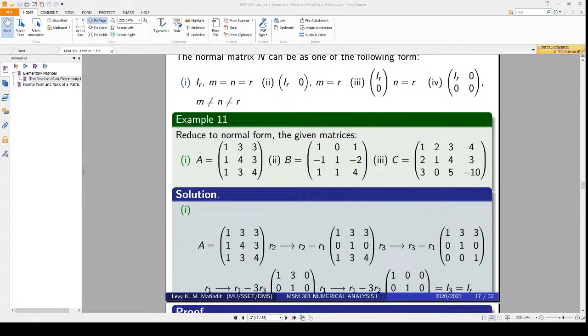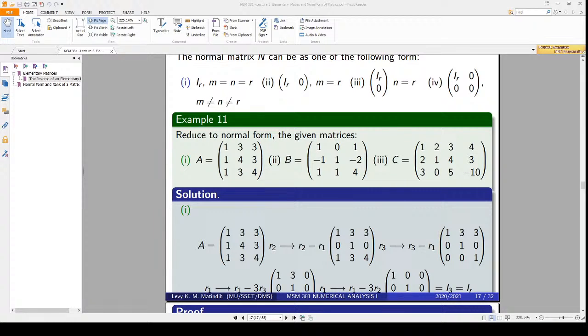Let's look at matrix A. I'll only do one example, which is for matrix A. They are saying, reduce to normal form the given matrices. Remember, the given matrix can be a square matrix, sometimes a non-square matrix.